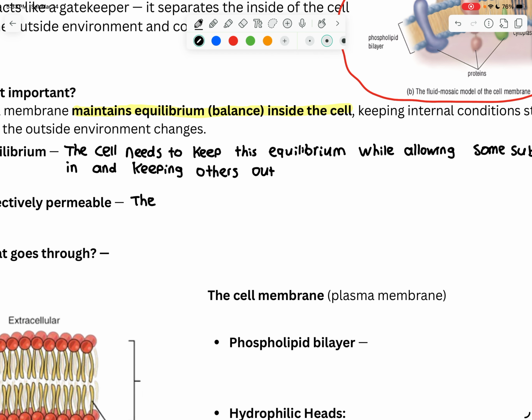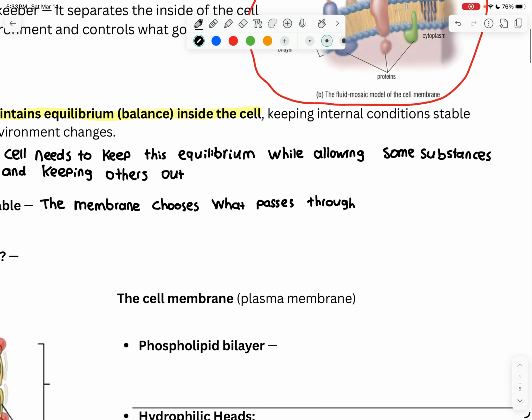The membrane chooses what passes through. Selectively means, well, you guys know what that means.